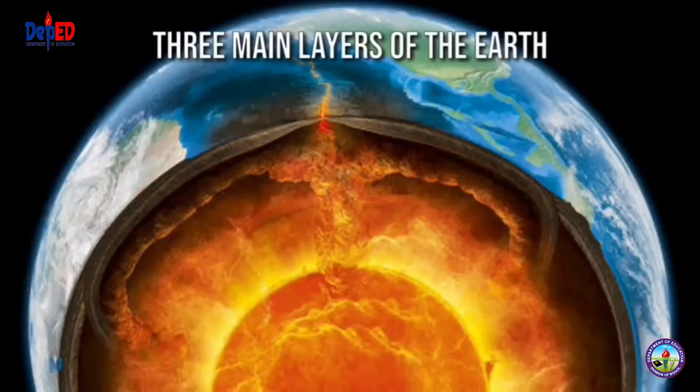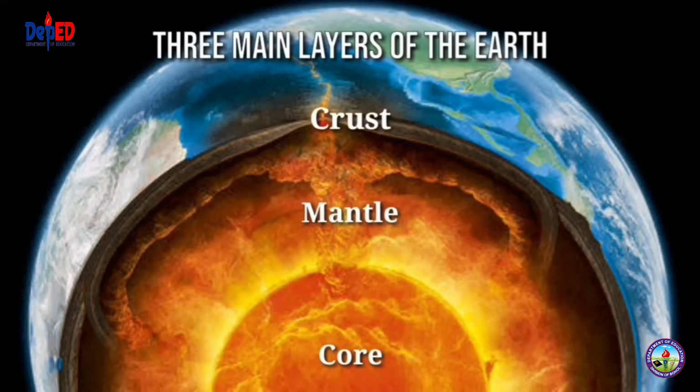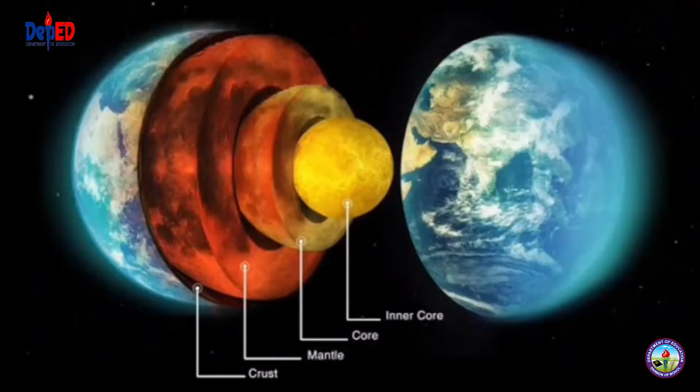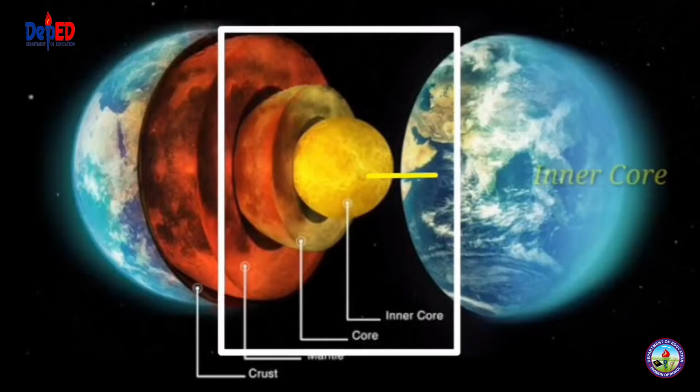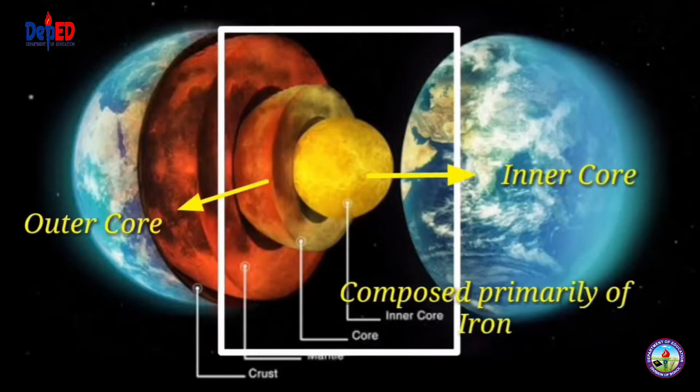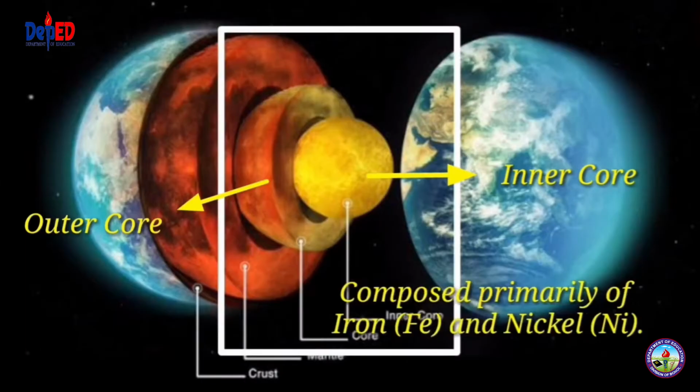The Earth is divided into three main layers, and these are the core, the mantle, and the crust. Each of these layers can be further divided into two parts: the solid inner core and the liquid outer core, which is composed primarily of iron and nickel.